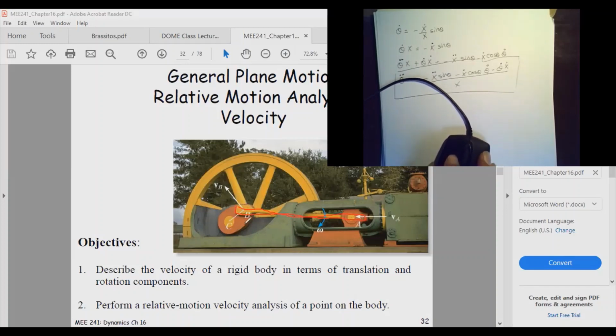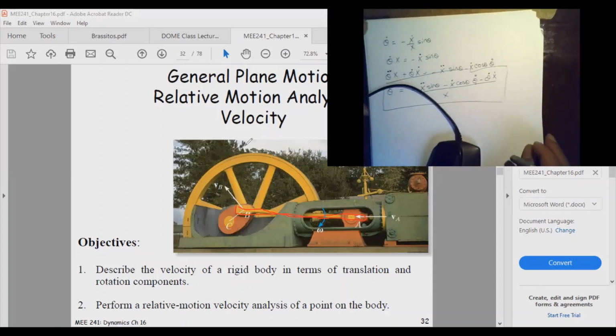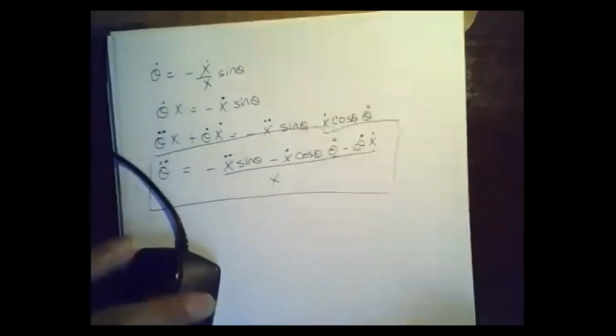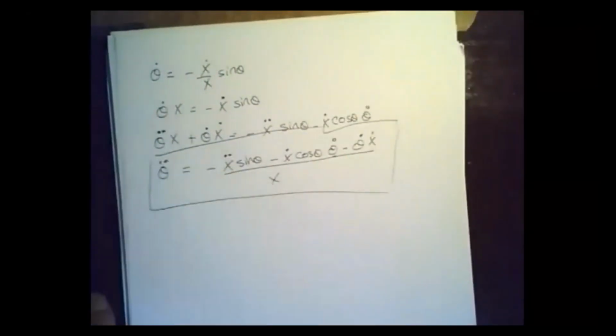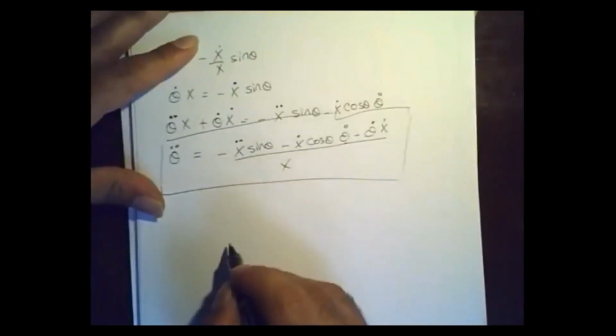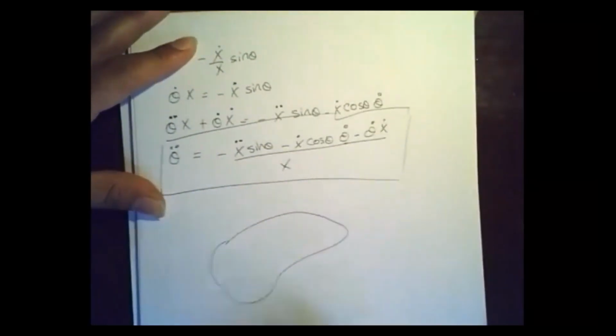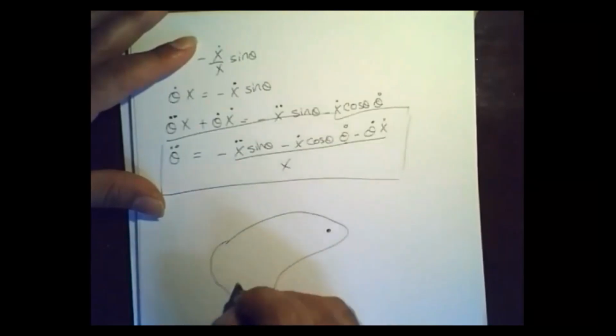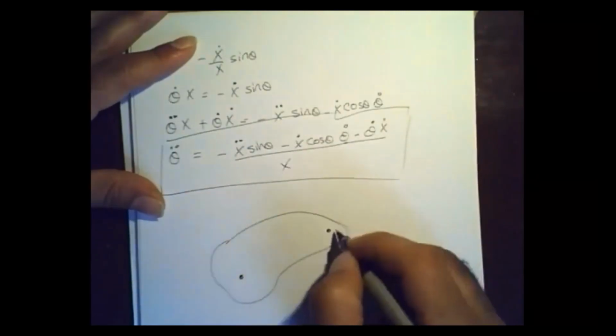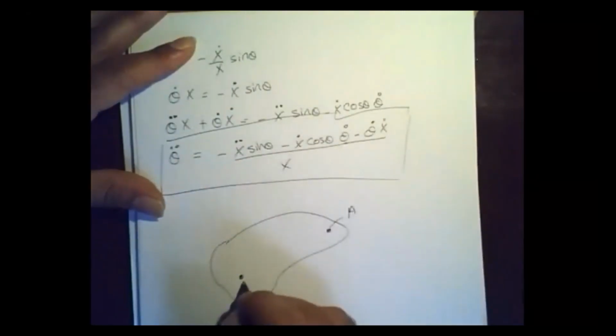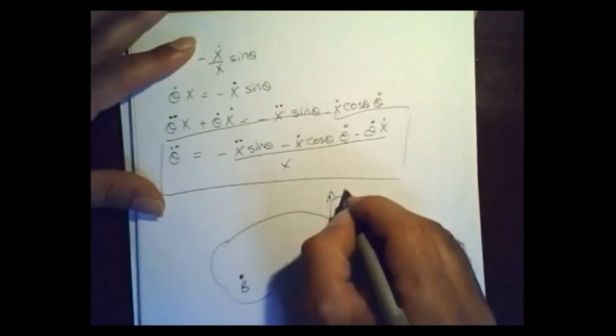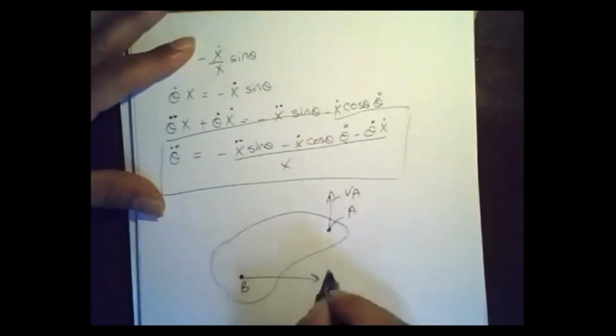Now you can use these two velocities, or you can use one velocity, to find the angular velocity on that rigid body. Here's what I want to show you guys. I want to show you something very important and also very interesting at the same time. If you have any random rigid body, and let's take just 2 points on that rigid body, let's call them point A and point B. Point A is going to have some velocity, and then point B could have this velocity.